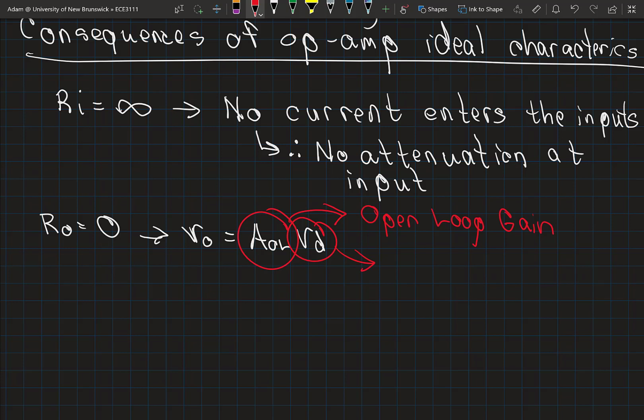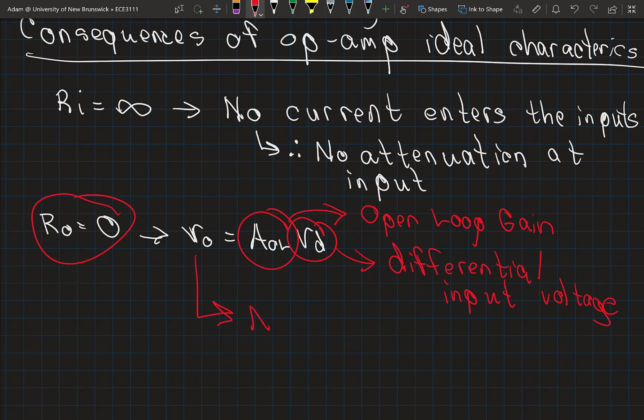VD is the differential input voltage. And again, if this case is true, then we have no attenuation at the output. There's no voltage divider effect like we saw when we were looking at our amplifier models.